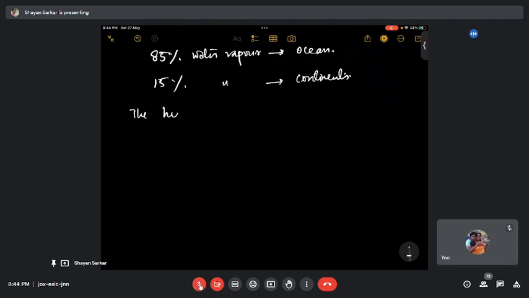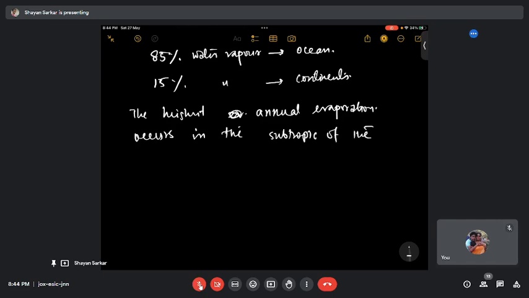The highest annual evaporation occurs in the subtropics of the western North Atlantic and North Pacific.